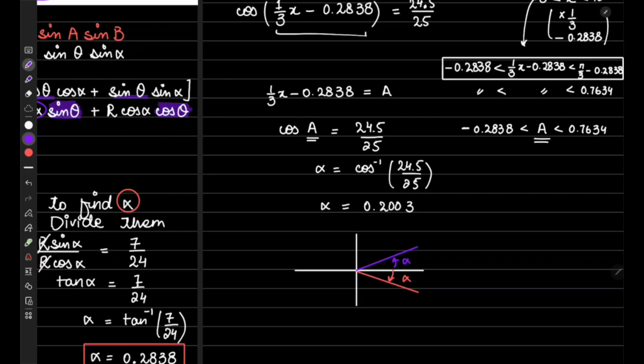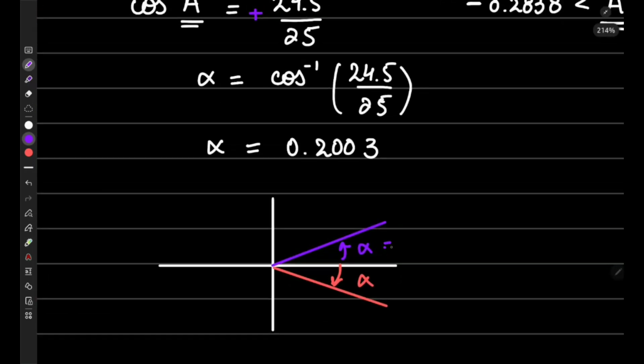As cos is also positive, only angles in the first and fourth quadrants apply. So the angle is 0.2003, and the other becomes minus 0.2003 because we are going clockwise.